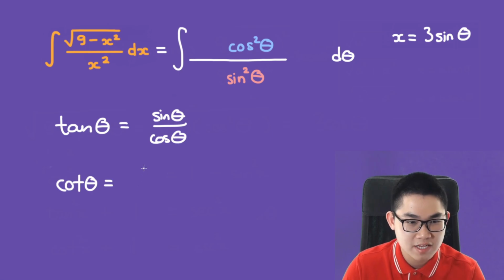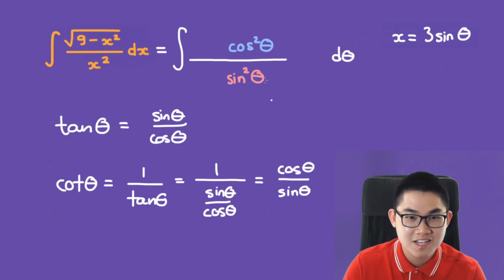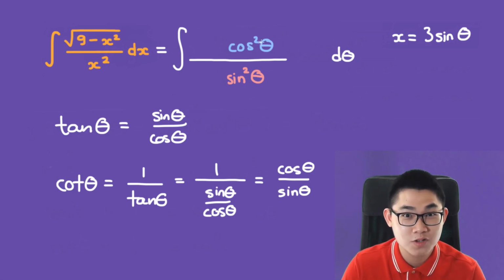Well, cotangent is 1 over tan. This is the same as 1 over sine over cosine, which is the same as cosine over sine. So here we have cosine to the power of 2 over sine to the power of 2, and this whole thing is equal to cotangent to the power of 2.